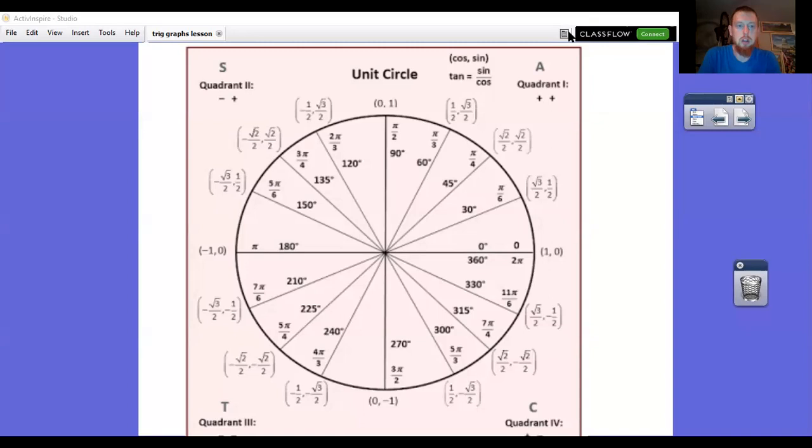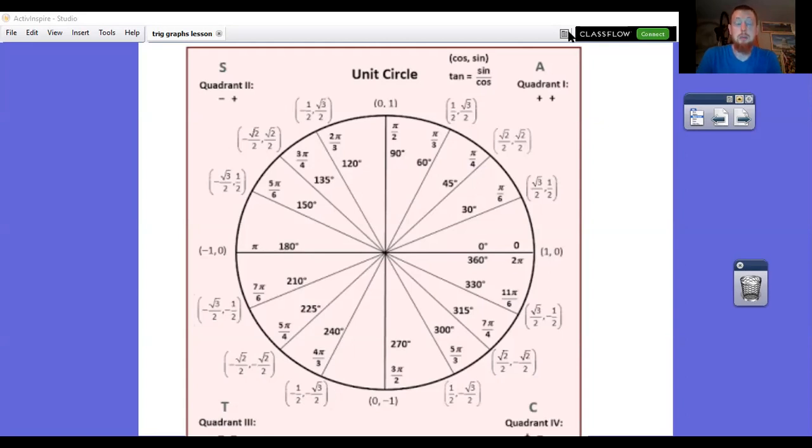So there's a lot of similarities between sine and cosine. One thing that I want you to notice is the starting value. The starting value for cosine, when the angle is 0 degrees, cosine of 0 degrees is actually 1. So this point is actually the inverse of pi over 2. When you have 0 degrees, cosine is 1, sine is 0. When you're at pi over 2, cosine is 0, sine is 1.